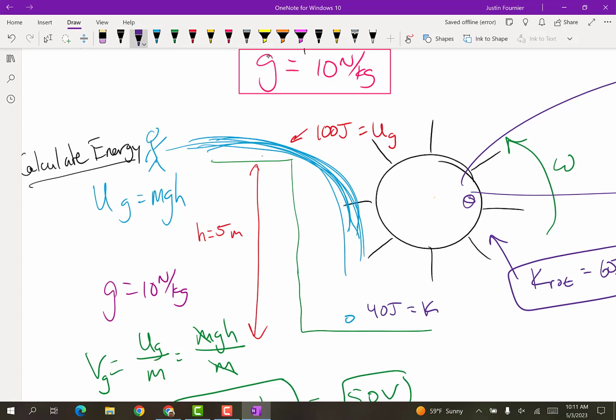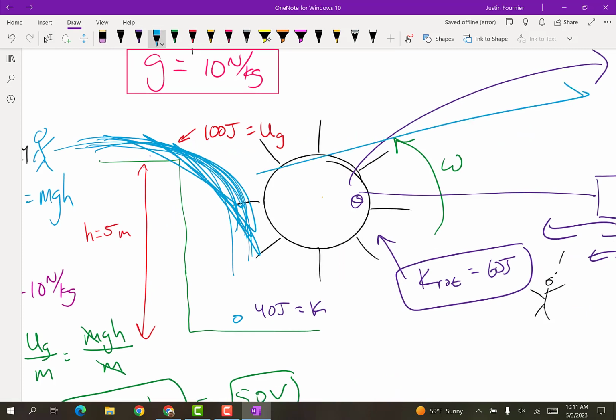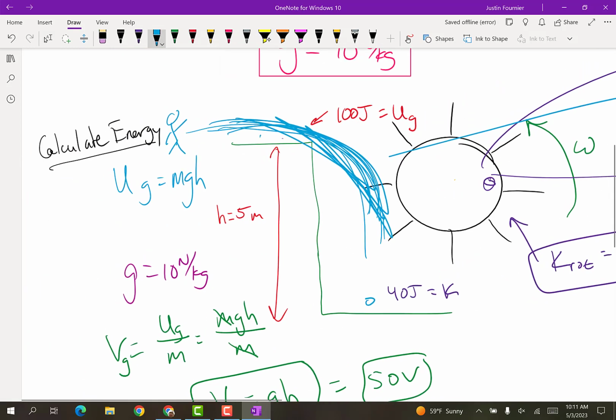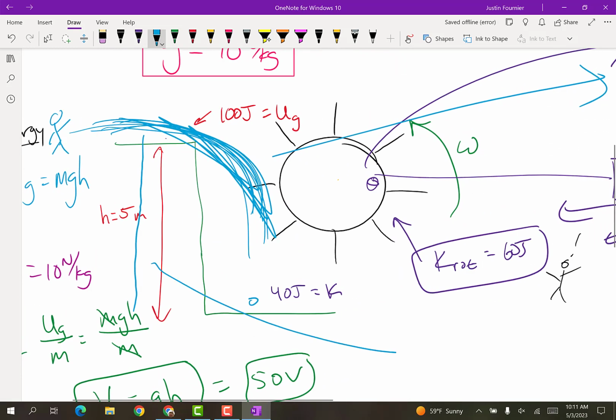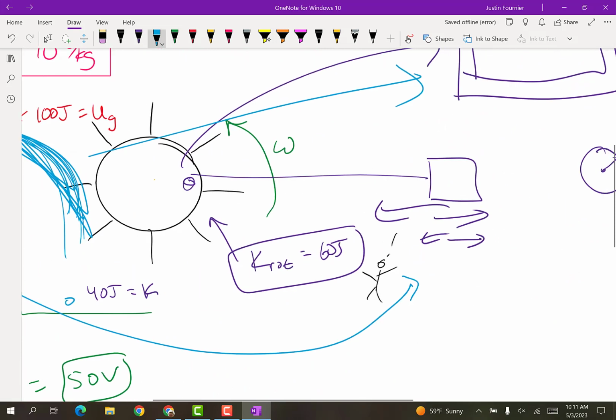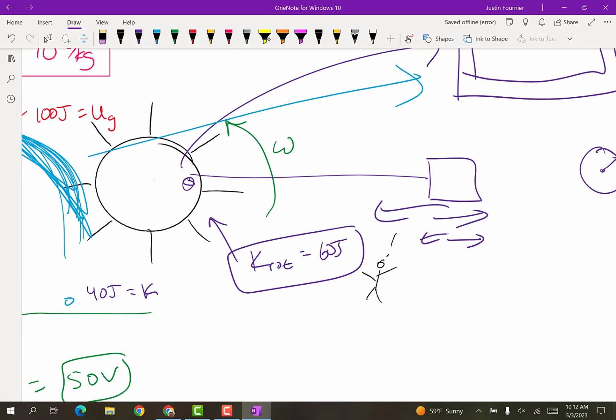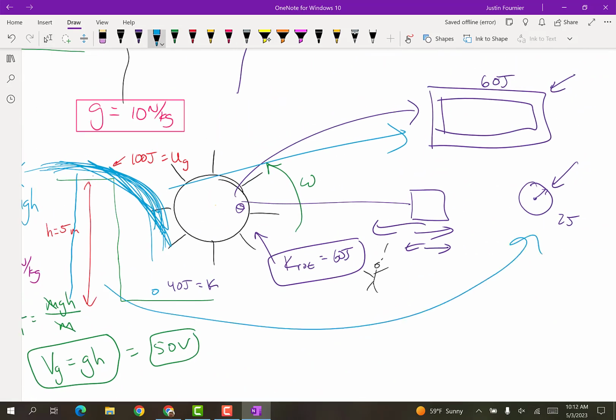So let's say you allow a lot of water to flow through here in order to make the TV work. But then I cut out another little waterfall here and only let a little bit fall. Then I could run that to the clock and help the clock work. So that the clock gets those 2 joules, and the TV gets 60.